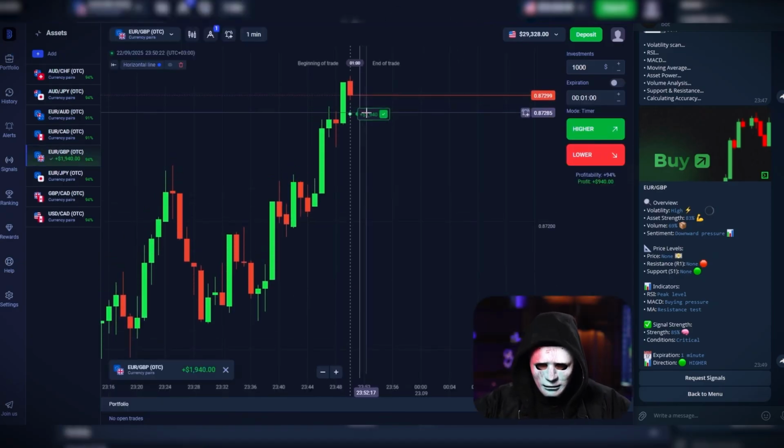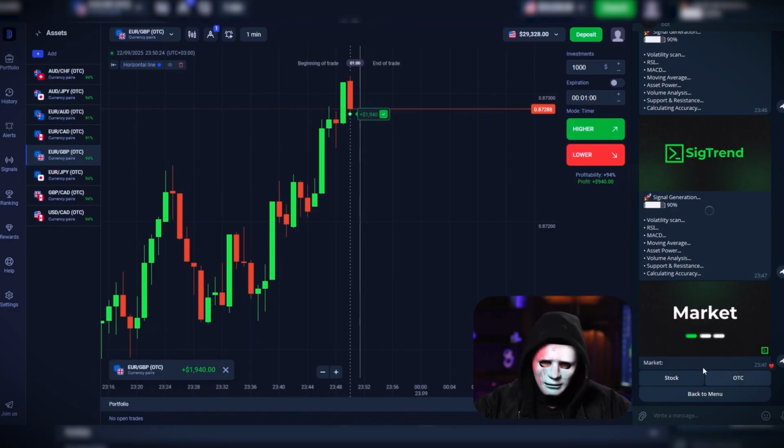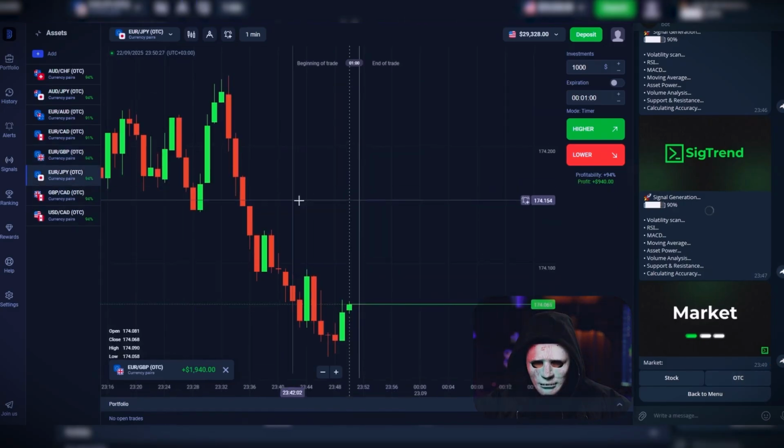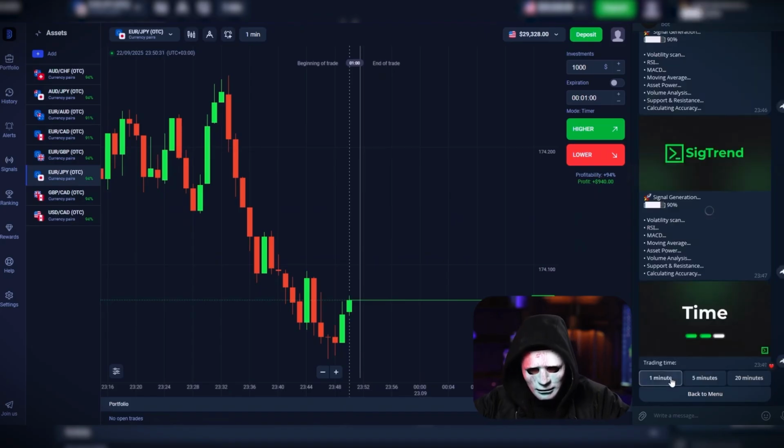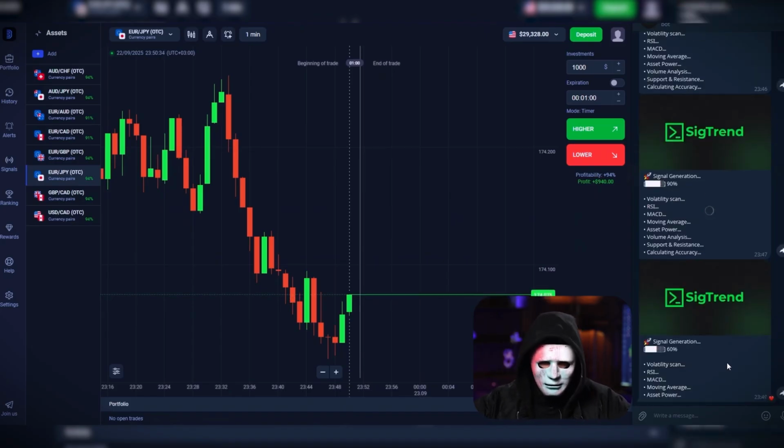I like that the bot immediately notices every indicator match and gives a signal. It's just impossible for a person to calculate all this so quickly, but I can just come in and calmly watch how the trade works.